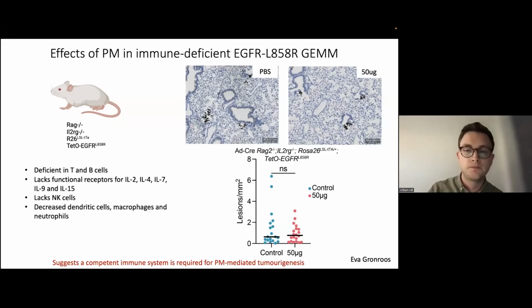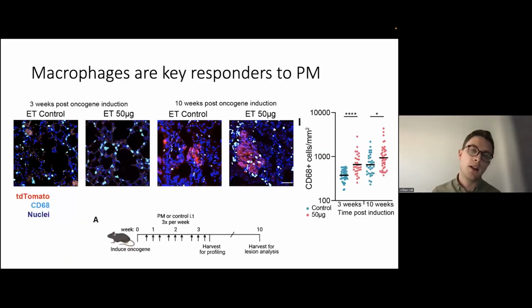And so we carried out a number of different analyses to explore which immune compartment is being altered by particulate matter. And I'm just showing the IF here for the sake of time. But what we identified was that macrophages seem to be a key responder to particulate matter within our system.